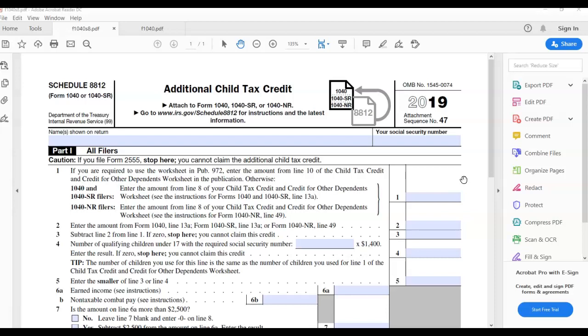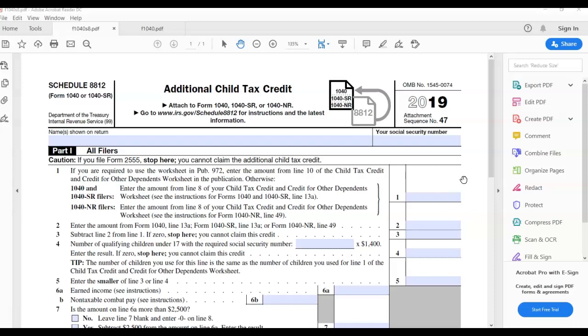Say a client owes $3,800 in taxes on the money that they made, but they have two dependents under 17. What would happen is on the 1040, they would cancel out the $3,800, because the credit that they will have coming will offset that $3,800, because $4,000 is more than $3,800, so the tax liability that they owe will be zeroed out.